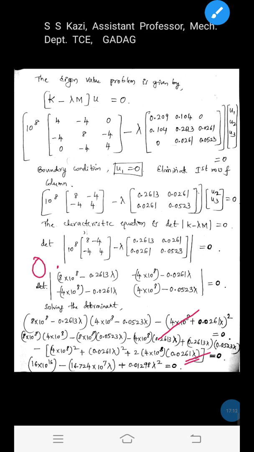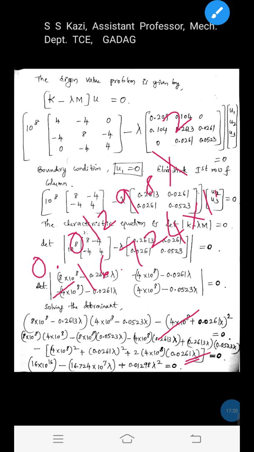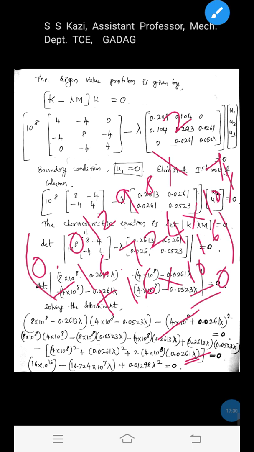We got 0.01298 lambda square minus 16.724 into 10 raised to 7 lambda plus 16 into 10 raised to 16 is equal to 0. This is the quadratic equation we got. Now solve this quadratic equation to get the two values of the eigenvalues, lambda 1 and lambda 2.